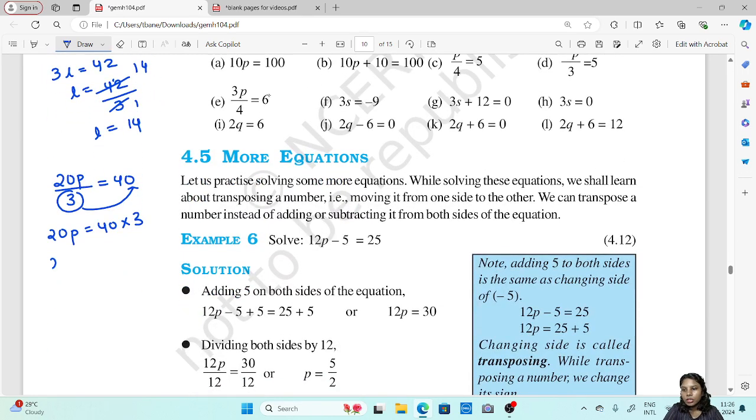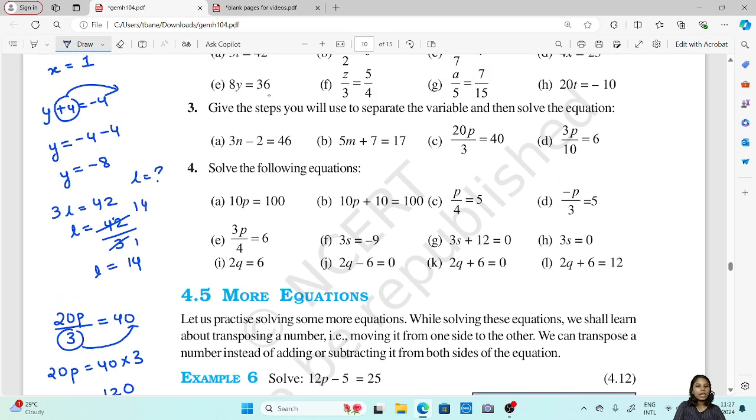This 20p remains as it is. 4 3s are 12 and 0. Now this part we know. We have to take this here. It will become division. So 120 upon 20. So this gets cancelled. So our value for p is 6 here.